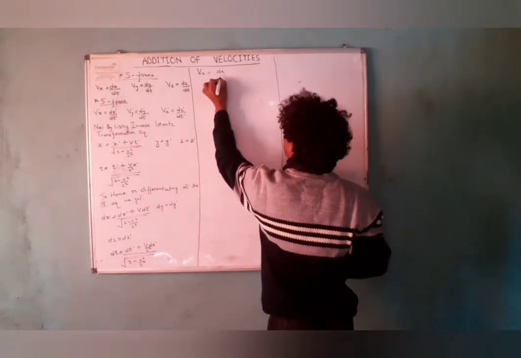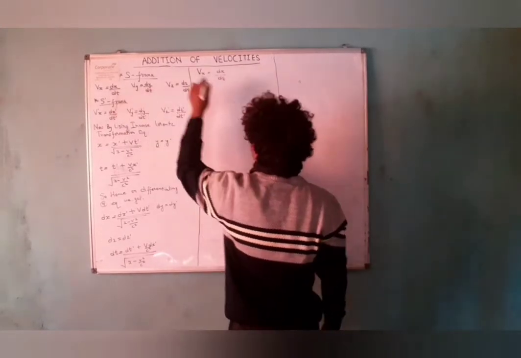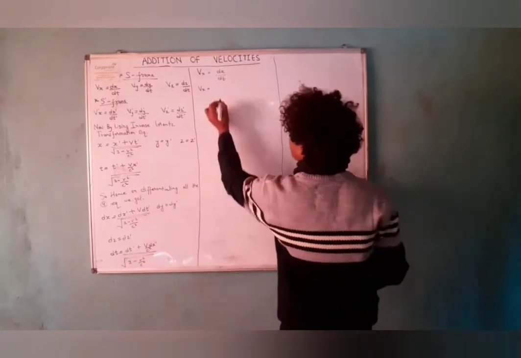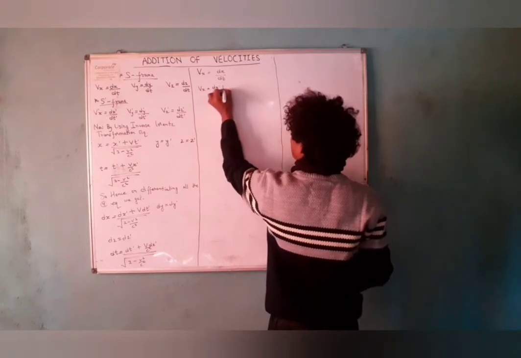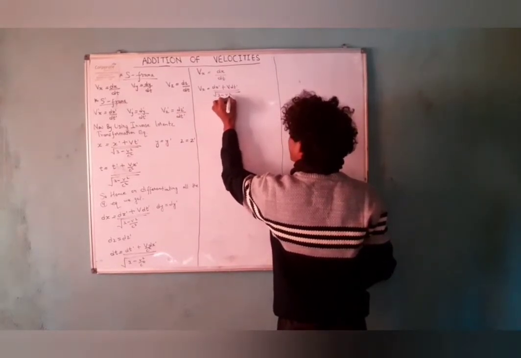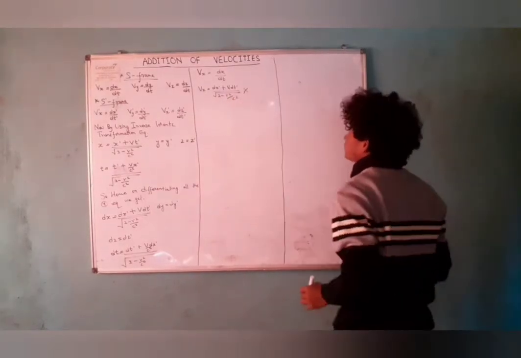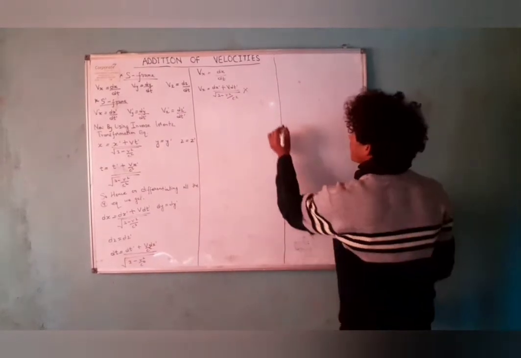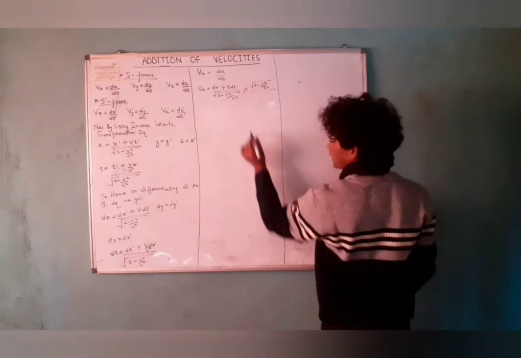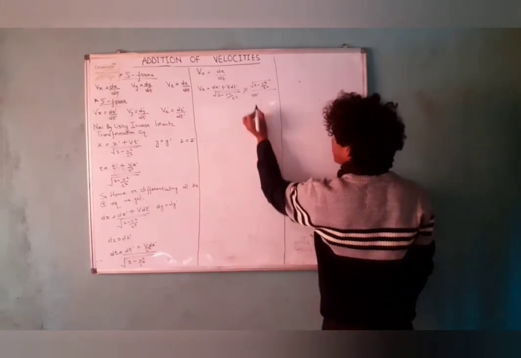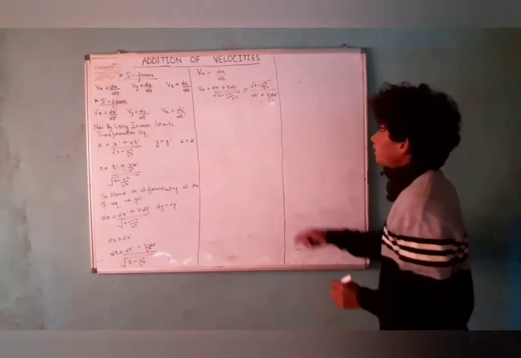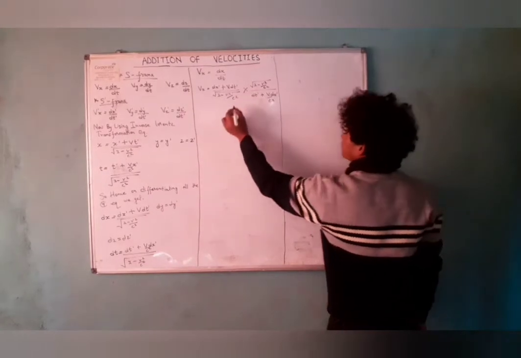Vx equals to dx by dt from here, and on putting the value of dx equal to (dx prime plus v dt prime) divided by root over 1 minus v square by c square, into dt equal to (dt prime plus v dx prime by c square) divided by root over 1 minus v square by c square, and we can cut as there is the same value.